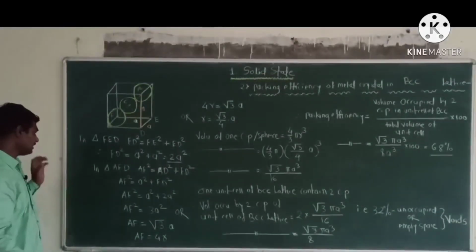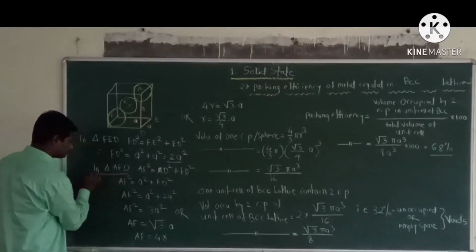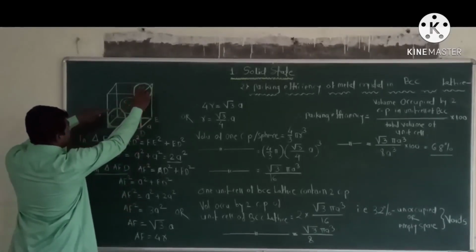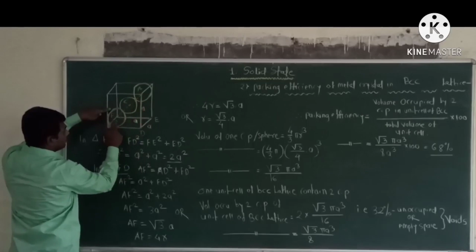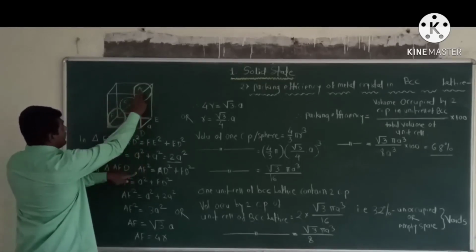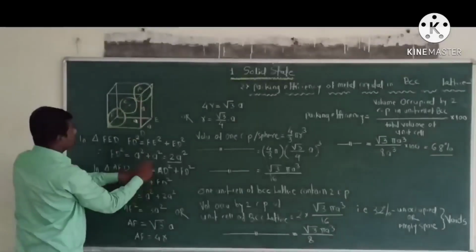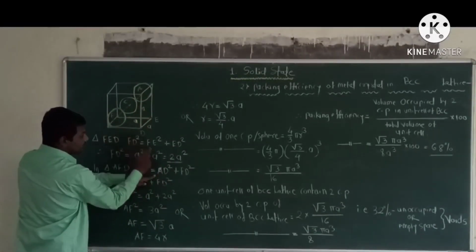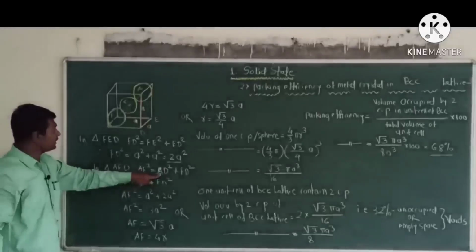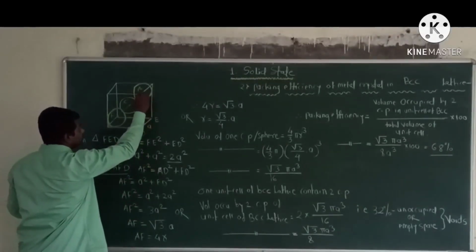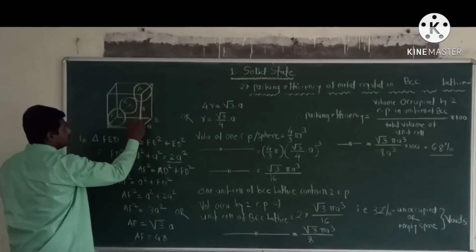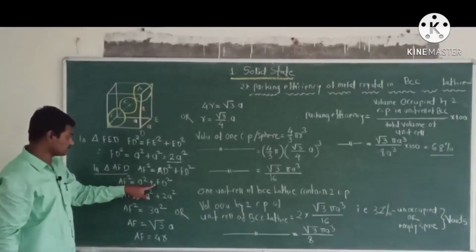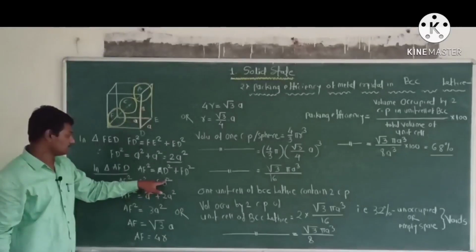Okay. Now, similarly, in triangle AFD, AF square is equal to AD square plus FD square. AD is nothing but A, that is A square, plus FD square.